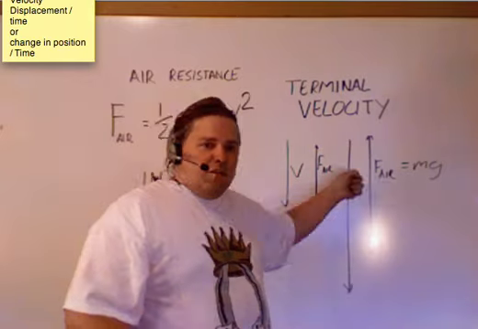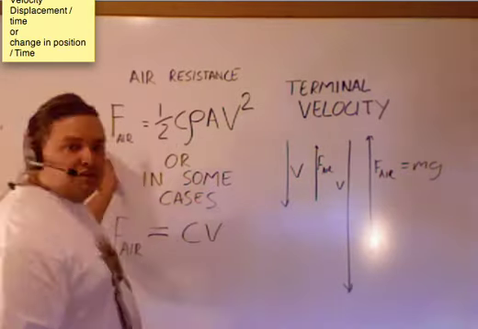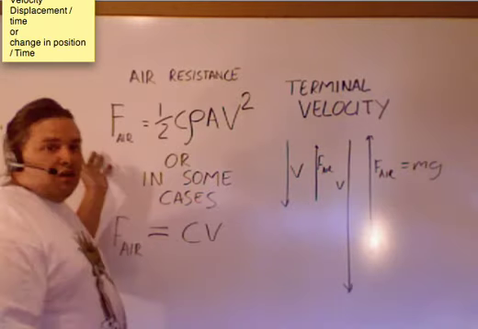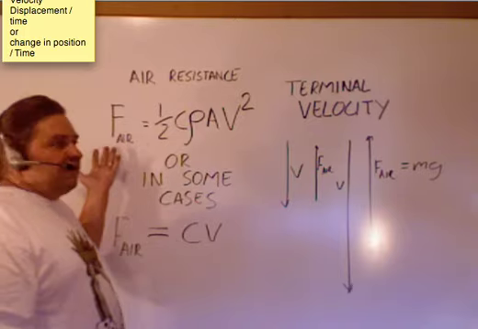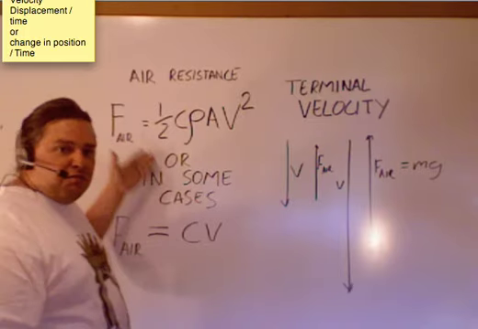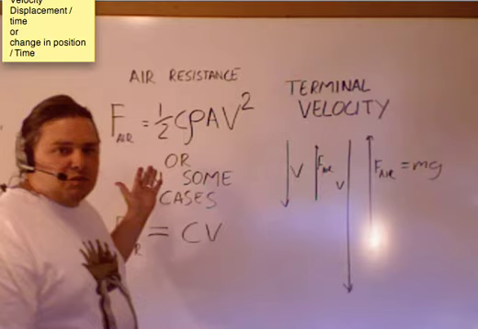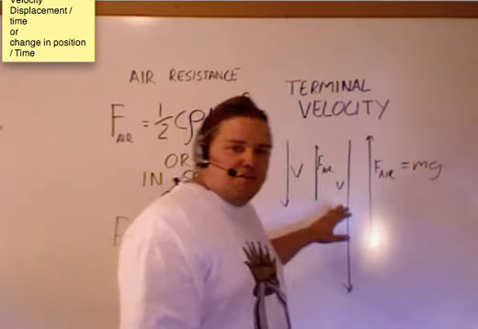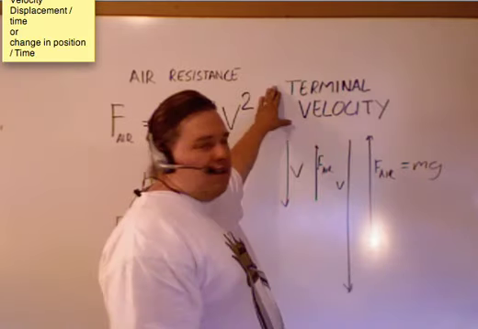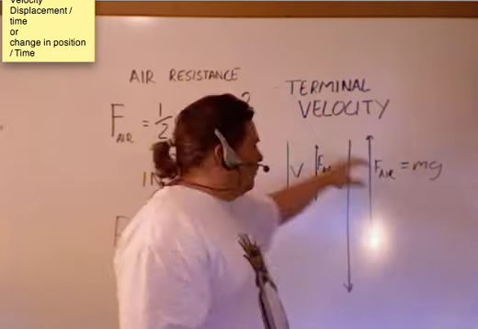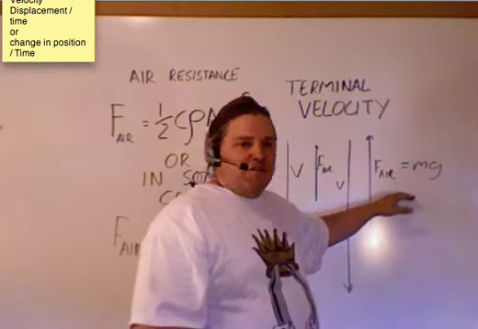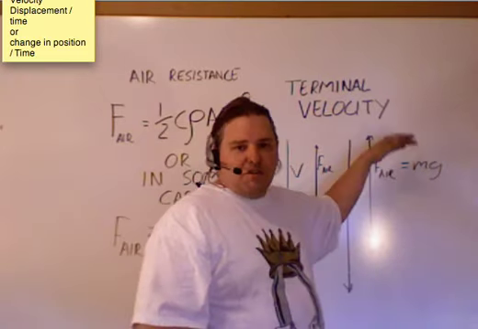But the important point that you get out of here is not these equations, because one of these could be wrong, but nobody's been able to agree which one's correct and which one's wrong. The important thing is that there's this property called terminal velocity, in which this force of air resistance grows and grows.